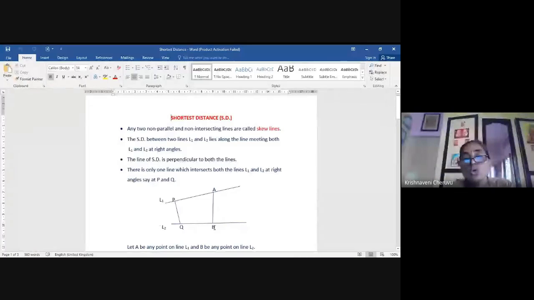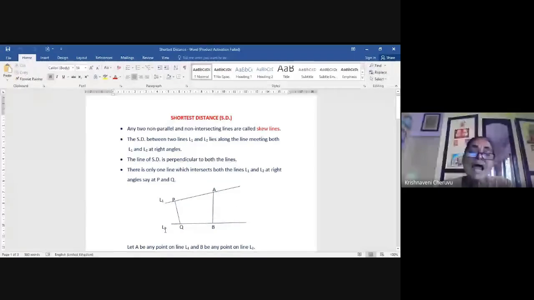A point on L1 and a point on L2, if you join these two points, you get a line PQ, and that PQ is the line of shortest distance. The distance between P and Q is the shortest distance only when the line PQ is perpendicular to L1 and L2.